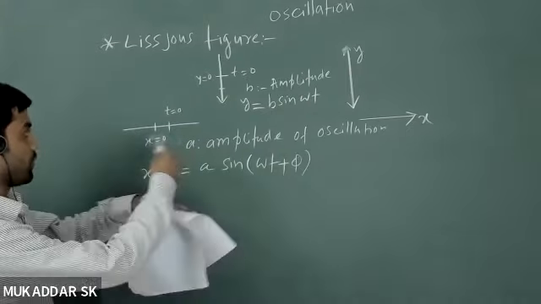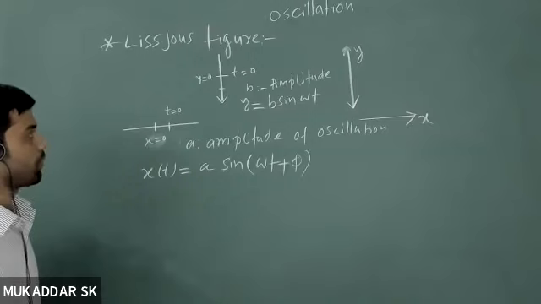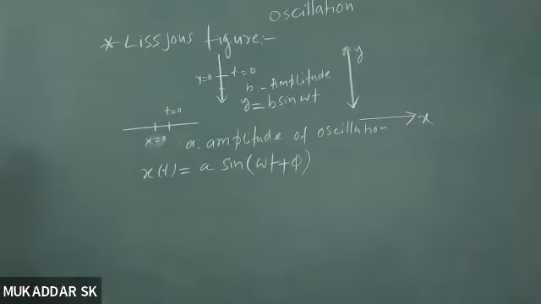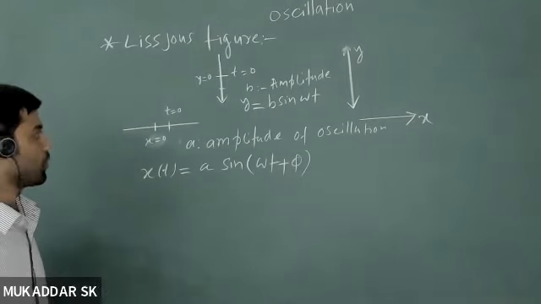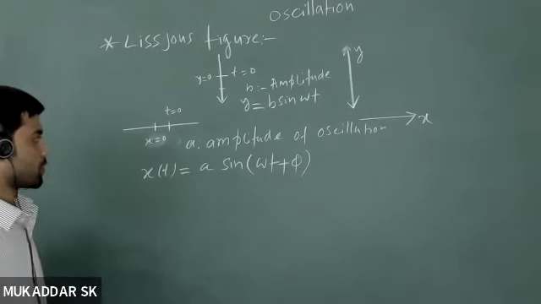So if they superimpose, then what type of trajectory the particle will follow, that we are going to search. So if two perpendicular simple harmonic motions are superimposed, what type of trajectory the particle will follow, that we are going to discuss. Okay.